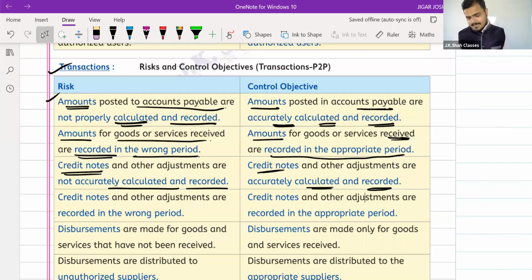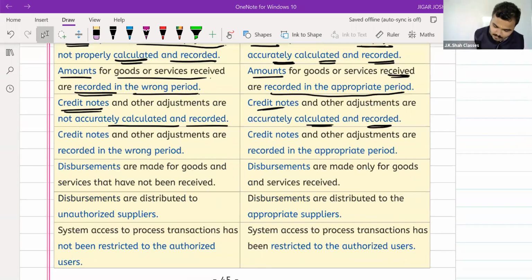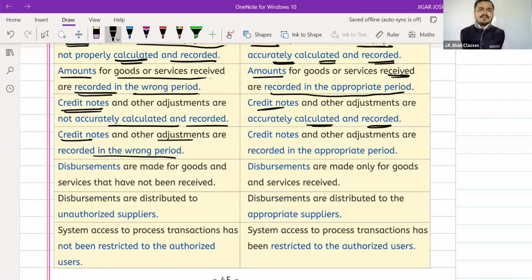If recorded later on, will it give me the wrong output? 100%, sir. Common sense, sir. So credit note and other adjustments are recorded in the wrong period. Let me figure out the solution, sir. Credit note and every other adjustment should be recorded in an appropriate period.